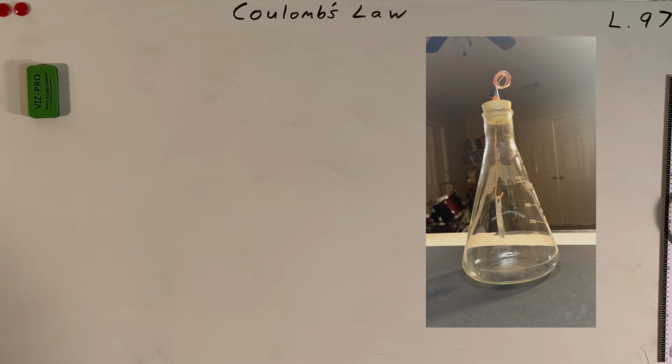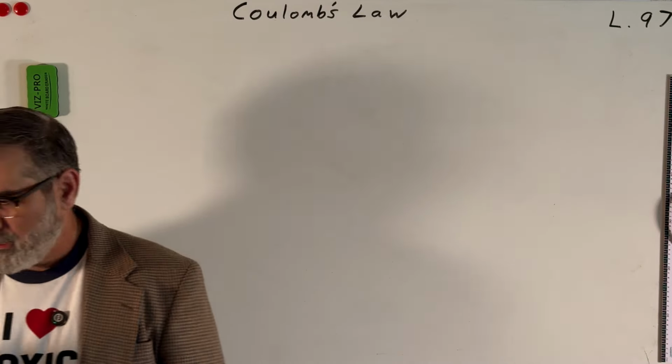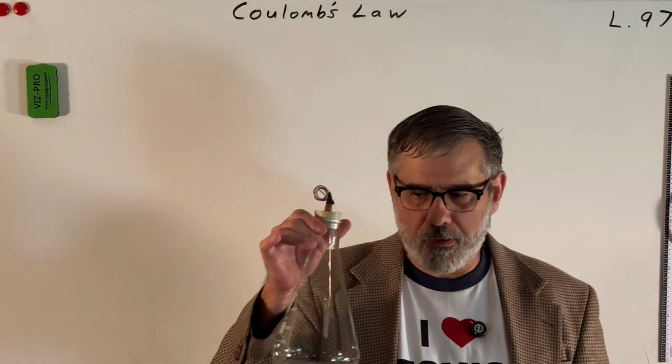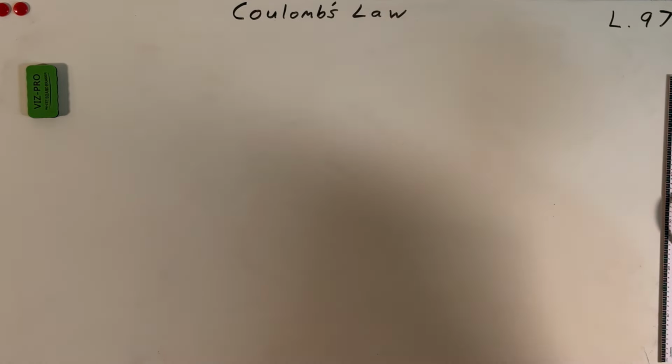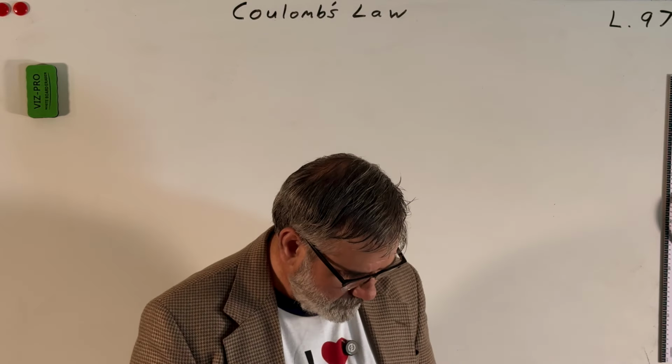You can see that the closer I get, the farther apart the leaves move. On the one hand, I've shown you an electric attraction, and with the electroscope, I showed you electric repulsion, where the leaves were repelling each other, away from each other. So that is a different kind of force than what we're used to, right?